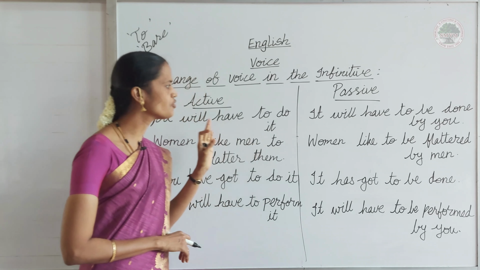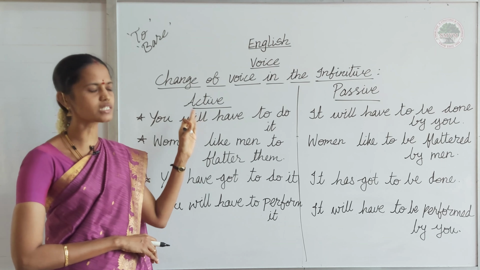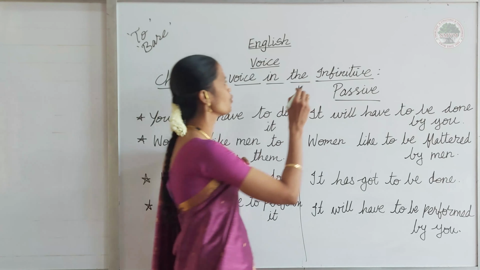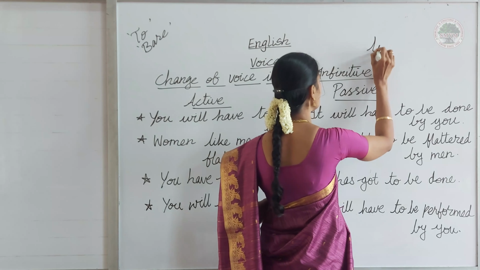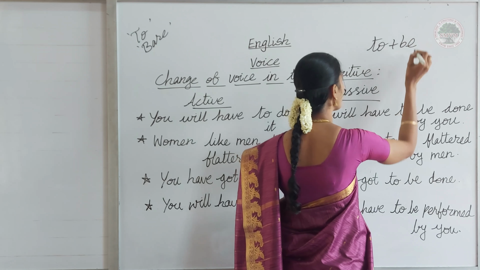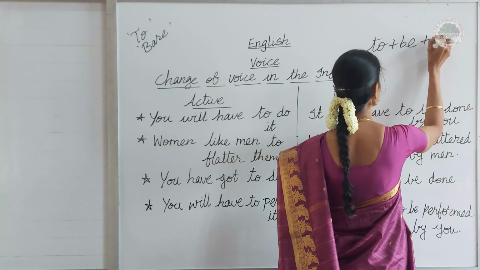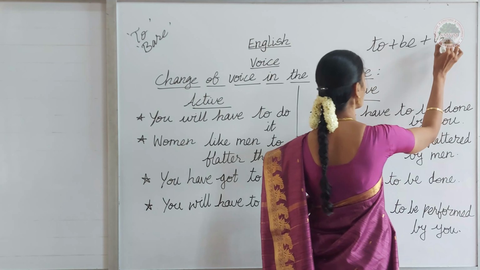So what is the formation for this to-infinitive while we are changing it into passive voice? We have to use to. After this to, we have to use the be form of the verb be. Then we have to use the third form of the verb.